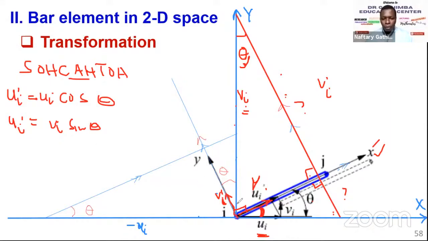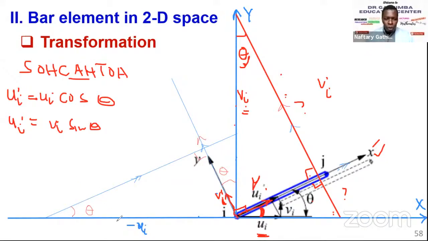So with this triangle, without even doing much, you can resolve, like we want to resolve now v prime i in the horizontal axis. So we know we have this angle theta, and this is right angled here. So we have the opposite, which is v prime i, and we have the hypotenuse, negative u i.